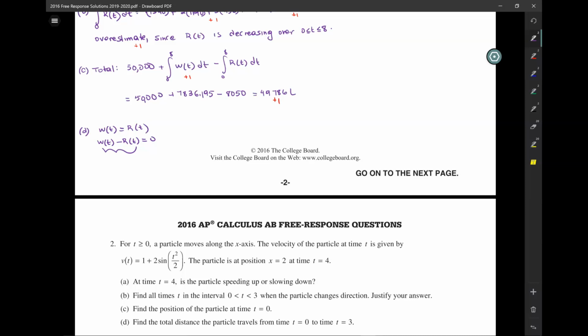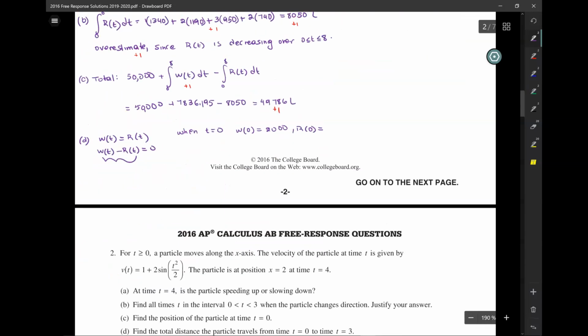So let's see this. When t is equal to 0, let's just look at endpoints, right? W of 0 was what? It's 2,000. You can plug that in. R of 0 is what? 1340.